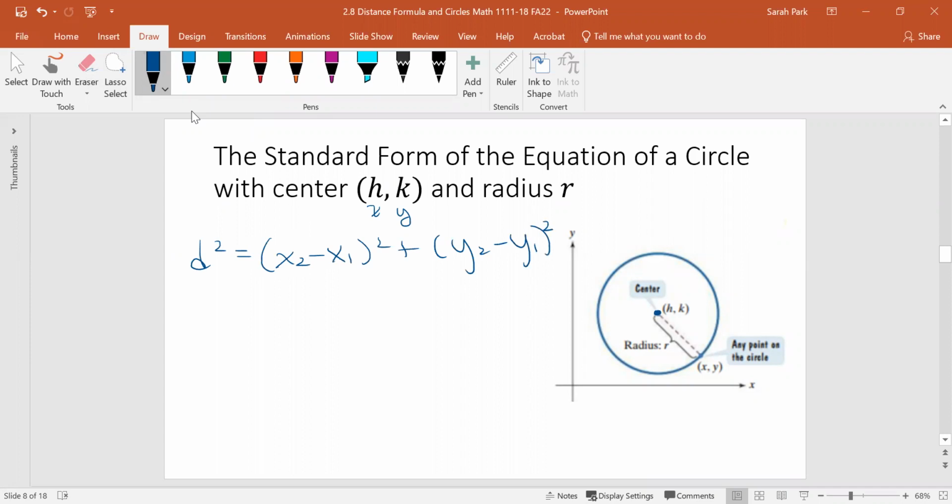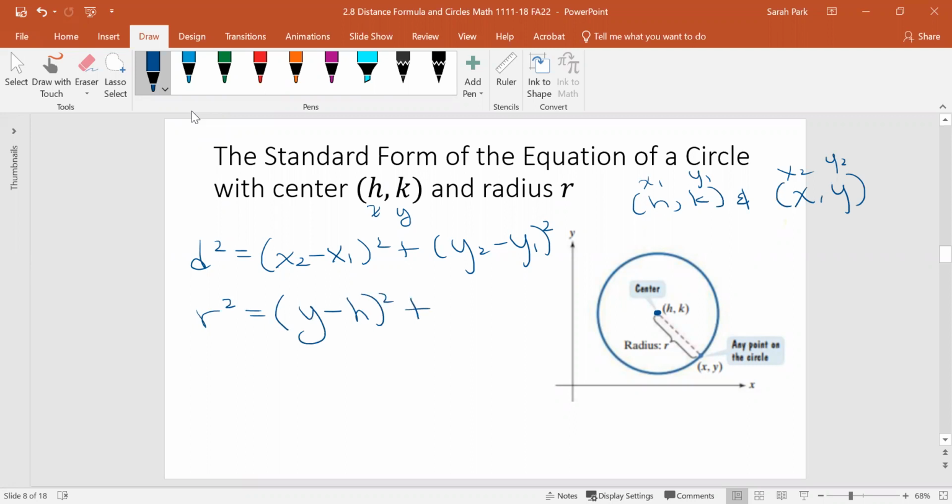If we think about h, k as one point, and x, y as a second point, and if we label h, k as x1, y1, and x, y as x2, y2, we can substitute that. And instead of d, it would be the radius squared, equals x minus h squared, plus y minus k squared. And that is your standard form of the equation.